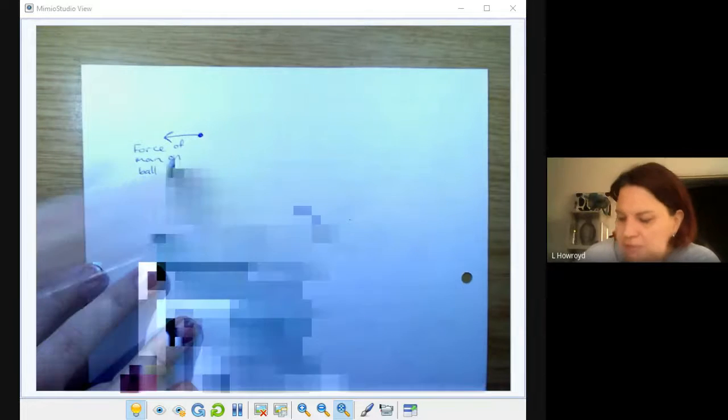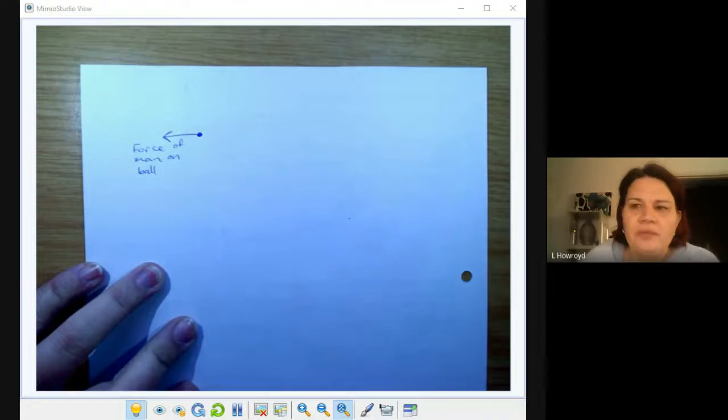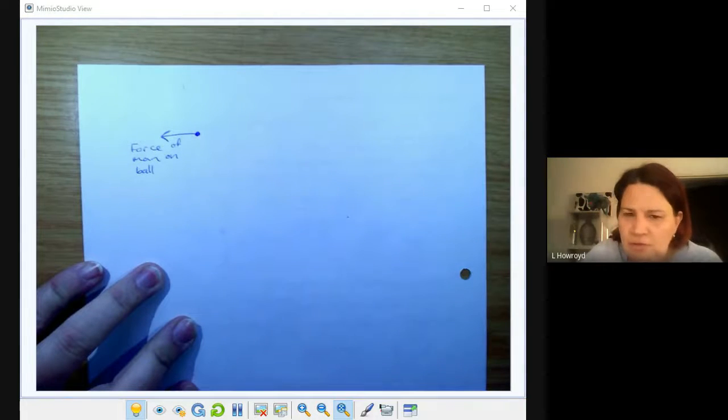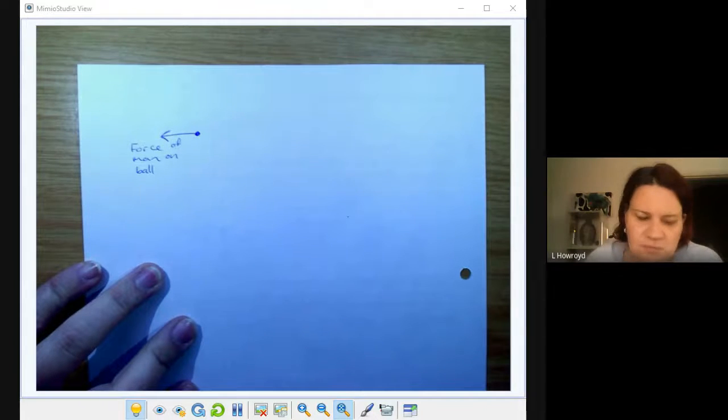Now, what I do want to say here as well is, remember, I want you to use your space. So you can draw this up quite big on your page. Don't try and cram it all up in a small space. If you need more paper, you can ask for more paper. So please make sure that you've got enough space to work with.